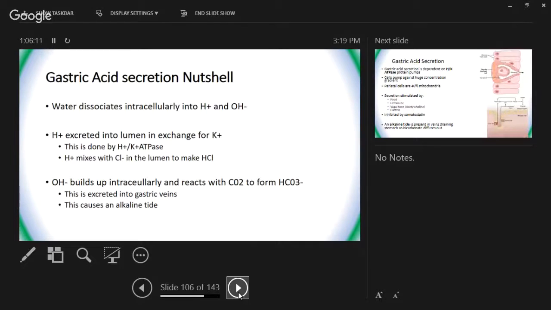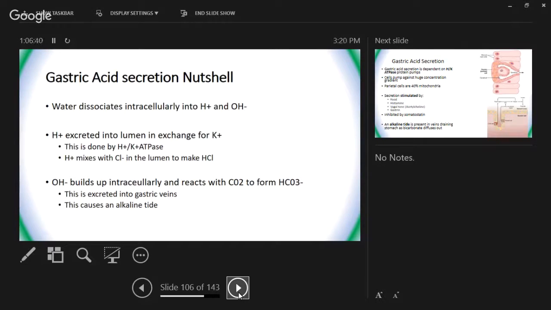Gastric acid in a nutshell. Inside the parietal cells, you get water, which dissociates into H plus and OH minus. The H plus is exchanged with potassium, so potassium goes into the cell and the H plus goes out of the cell into the gastric lumen. That's done with the H/K ATPase.